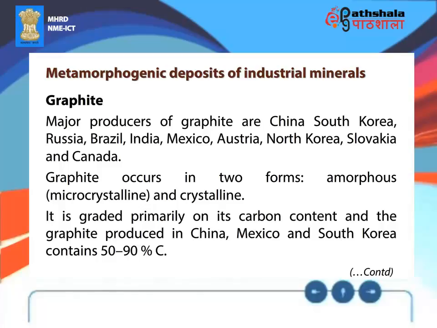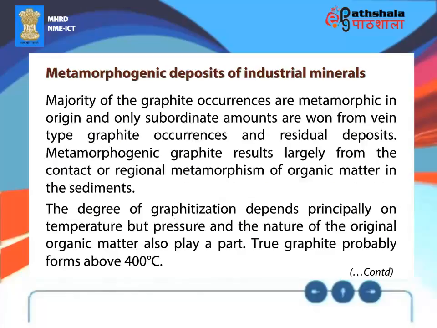Graphite occurs in two forms: amorphous, microcrystalline, and crystalline. It is graded primarily on its carbon content, and the graphite produced in China, Mexico, and South Korea contains 50 to 90% carbon. The majority of graphite occurrences are metamorphic in origin, and only subordinate amounts are won from vein-type graphite occurrences and residual deposits.